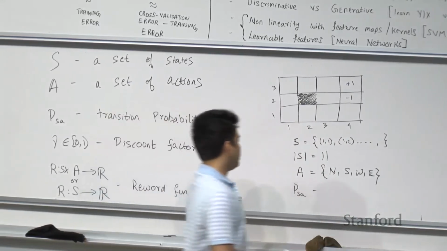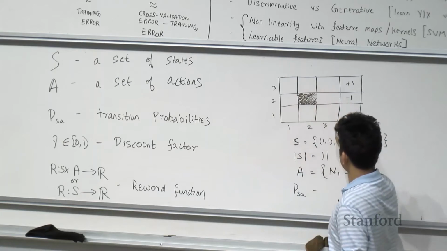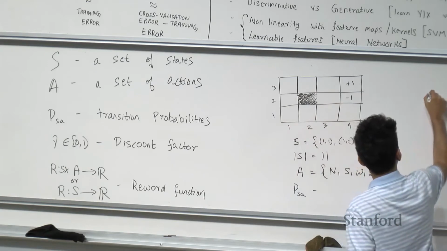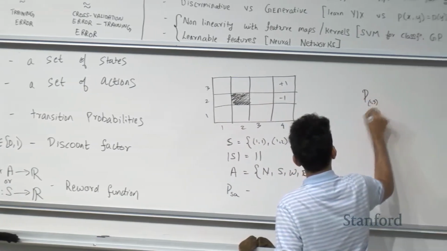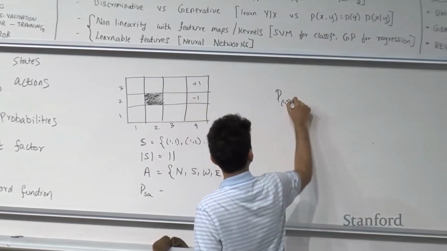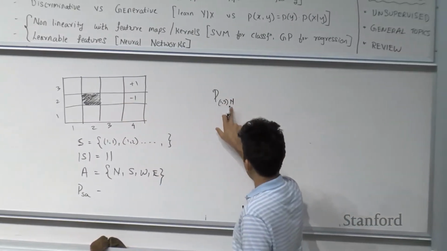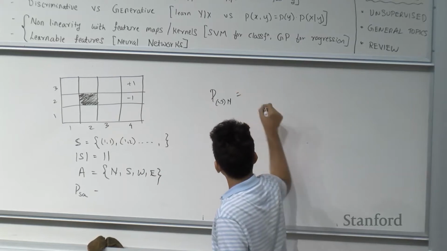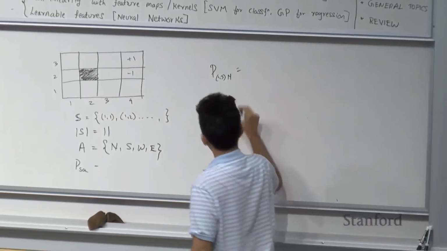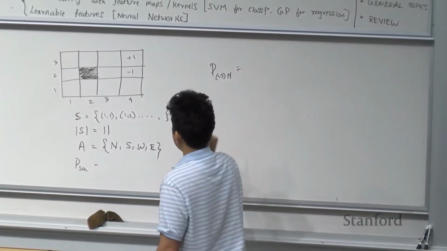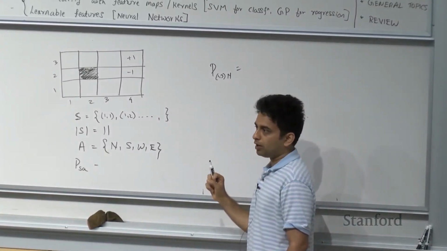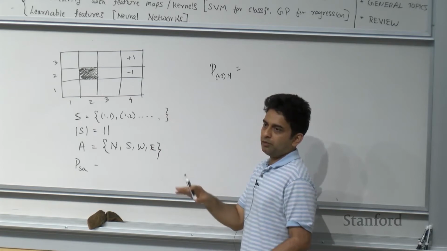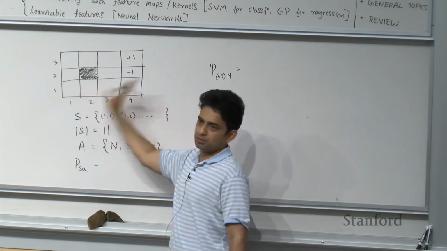For example, if you're building a robot that has to move in this kind of a map, and the robot is in (1,3), then P_(1,3), and let's say the action that we take is go north. So this is P_SA: the state is the state we are in, (1,3), and the action we take is go north. Then this will be a probability distribution such that, let's say there is some kind of uncertainty in the robot, and whenever we ask it to go north, with 80% probability it actually goes north, with 10% probability it goes west, and with 10% probability it goes east.